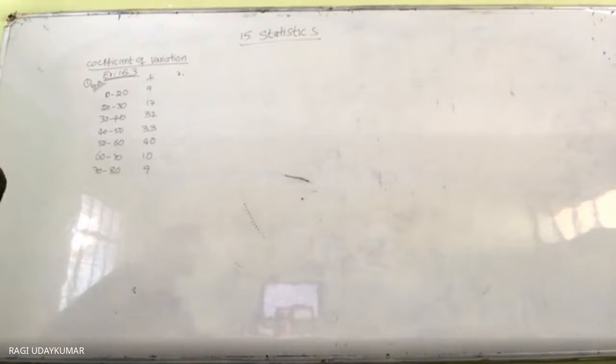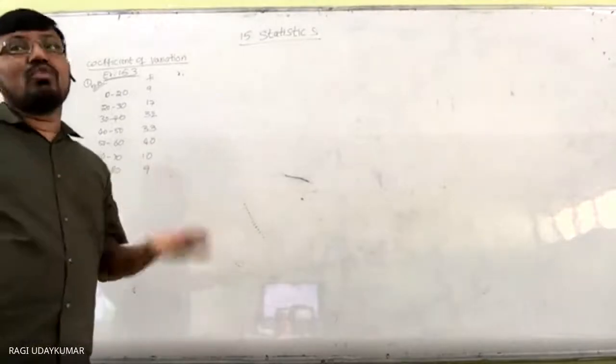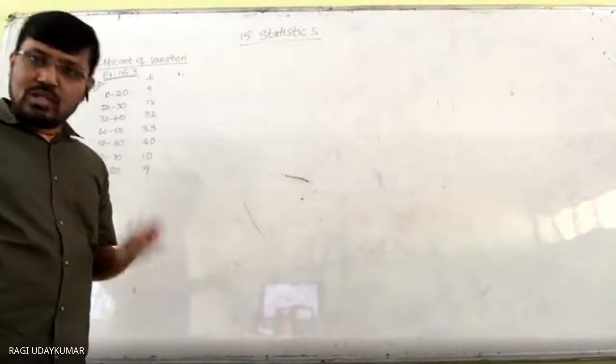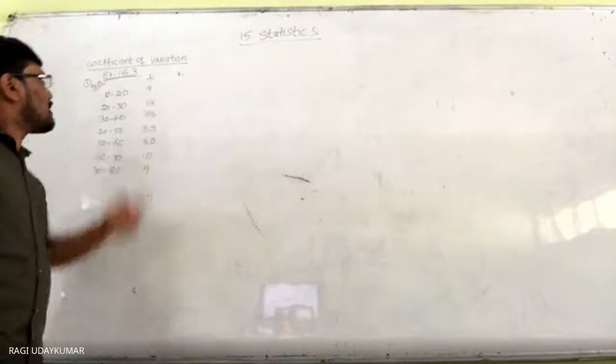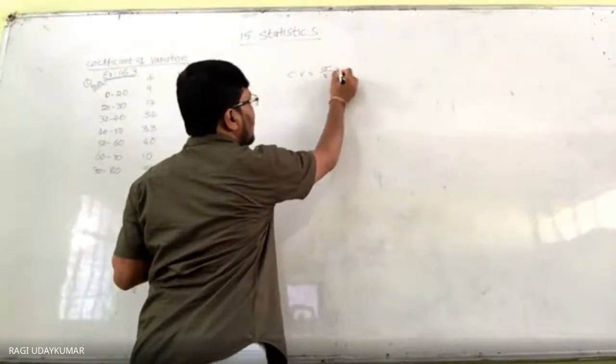Whenever you find the mean for these two data sets, suppose you get the same mean for both. Then the one with the larger standard deviation is more variable. That is obvious because the coefficient of variation is standard deviation by mean into 100.